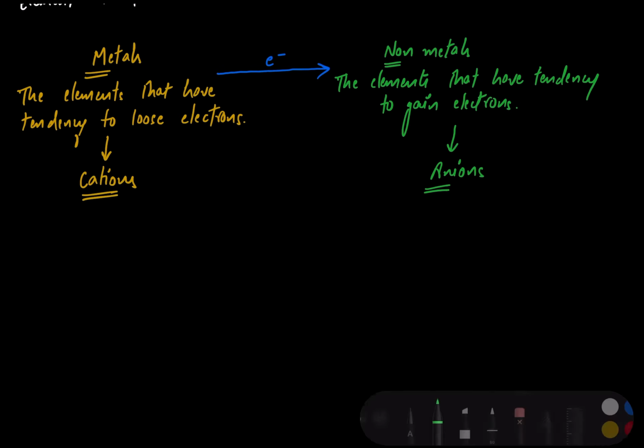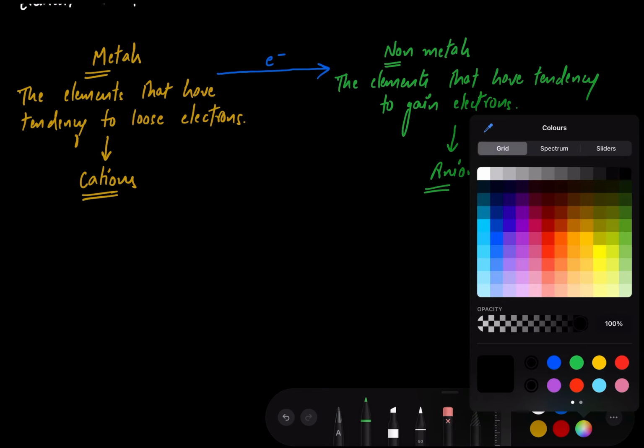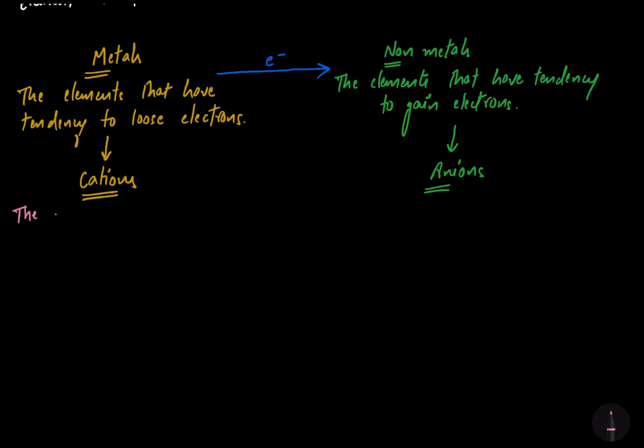Now, the elements which have one, two, or three valence electrons readily form cations.